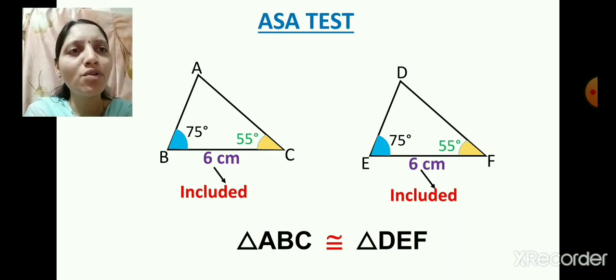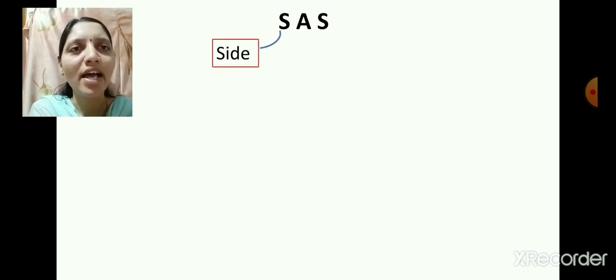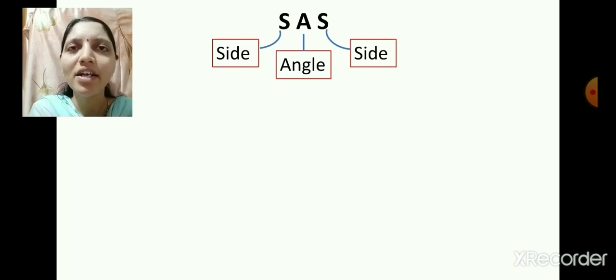Here, see that two corresponding angles of the two triangles should be given, and the side which is included between them should be equal. Then we can say that the two triangles are congruent by the ASA test. Now let's try to understand the SAS test, that is side angle side test.